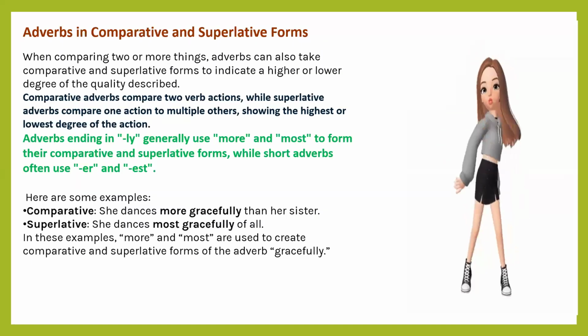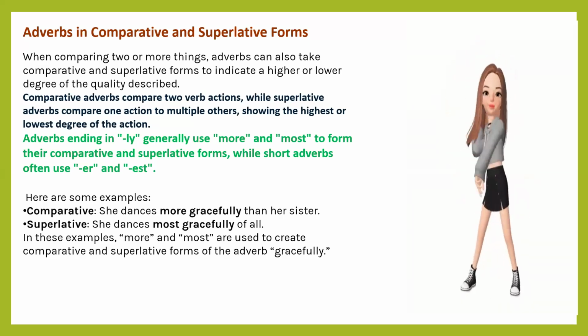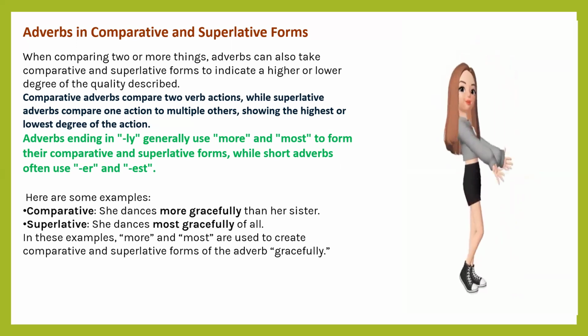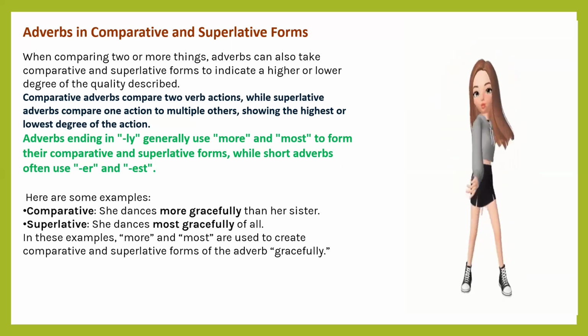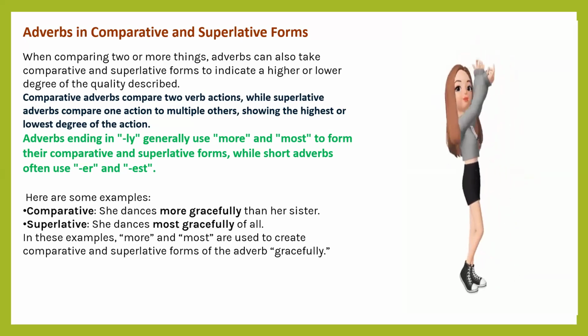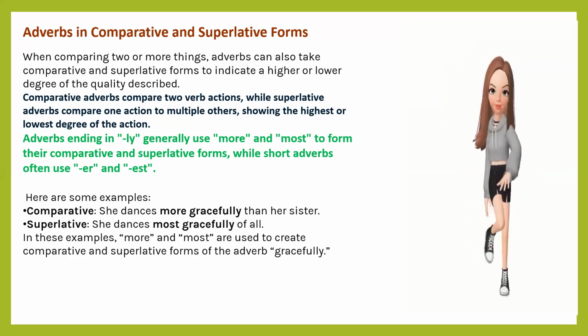Adverbs are also used in comparative and superlative forms in sentences. When we are comparing two or more things, adverbs can also take comparative and superlative degrees to indicate a higher or lower degree of the quality described.